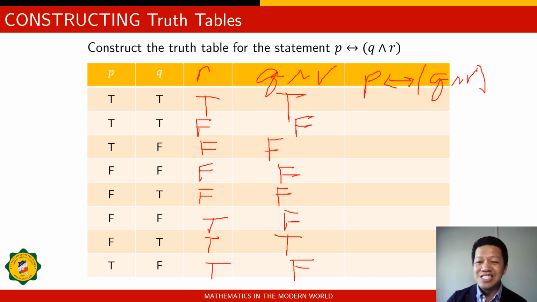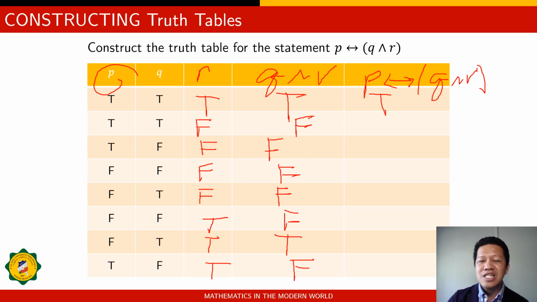Then we have now the biconditional. You know that a biconditional is only true if both are false or if both are true. So we have to use P and this fourth column here for Q and R. So remember, you need to use P here. So P if and only if Q and R, that's true if and only if true, that's true.